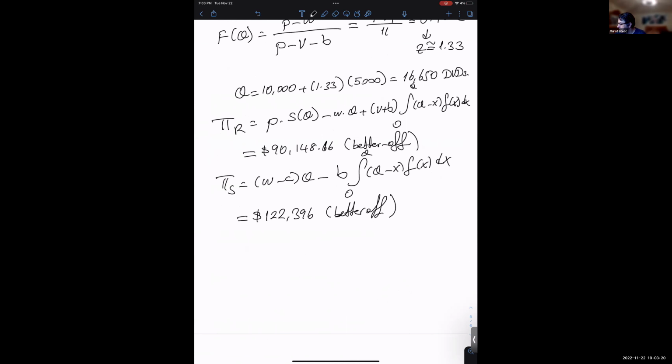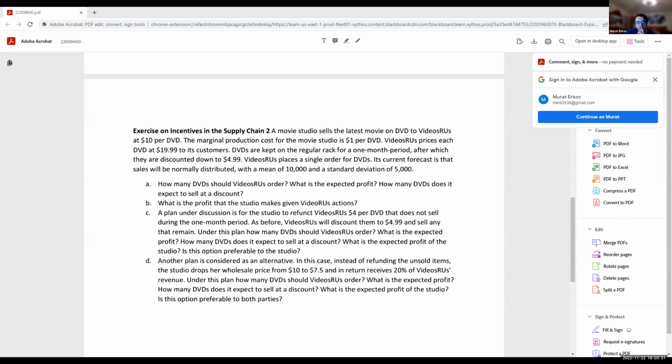All right, so let's now look at the last part of the example. Here we go. Here it says part D. Now this one is going to be a revenue contract. Another plan is considered as an alternative. In this case, instead of refunding the unsold items, the studio drops her wholesale price from $10 to $7.50, and in return receives 20% of Videos R's revenue.